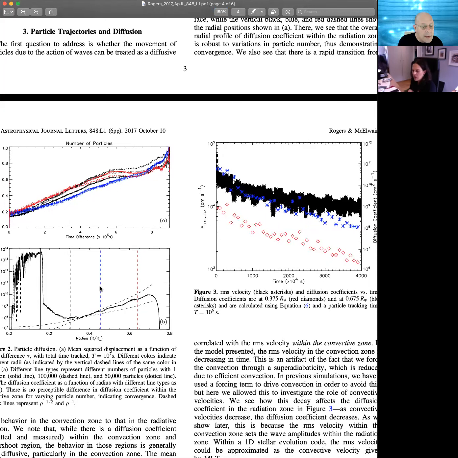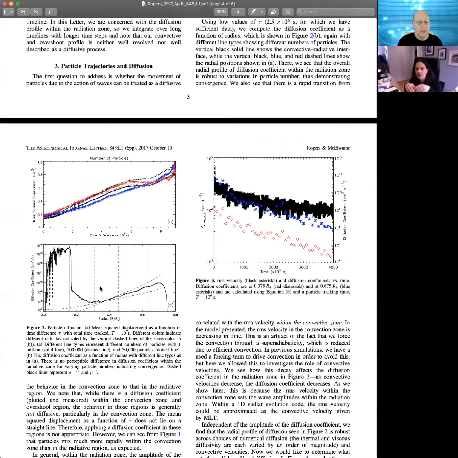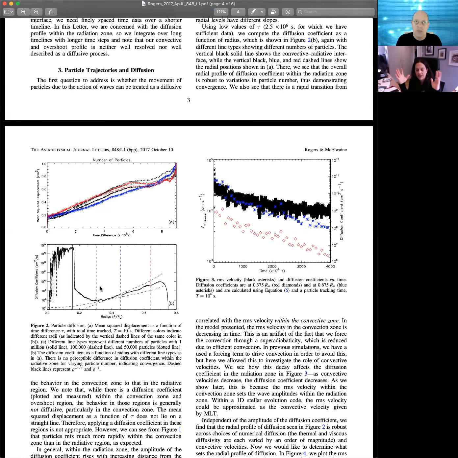In stars bigger than the sun, where you have a convection zone in the center and a radiation zone at the outer parts, the wave amplitude can increase as the wave moves outward because the density is dropping so dramatically, and the wave amplitude goes as density to -1 effectively.